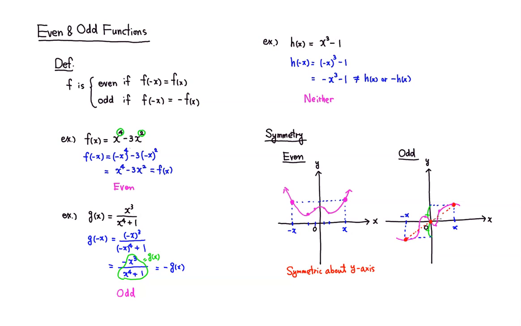For example, if you pick a point here, go through here, go to the other side, you always find the corresponding point. So the graph of an odd function is always symmetric about the origin.